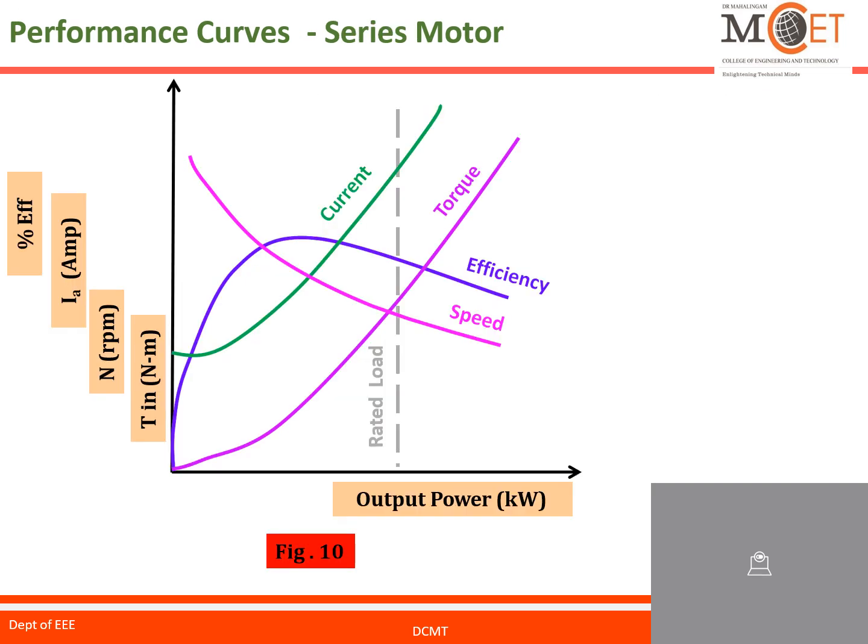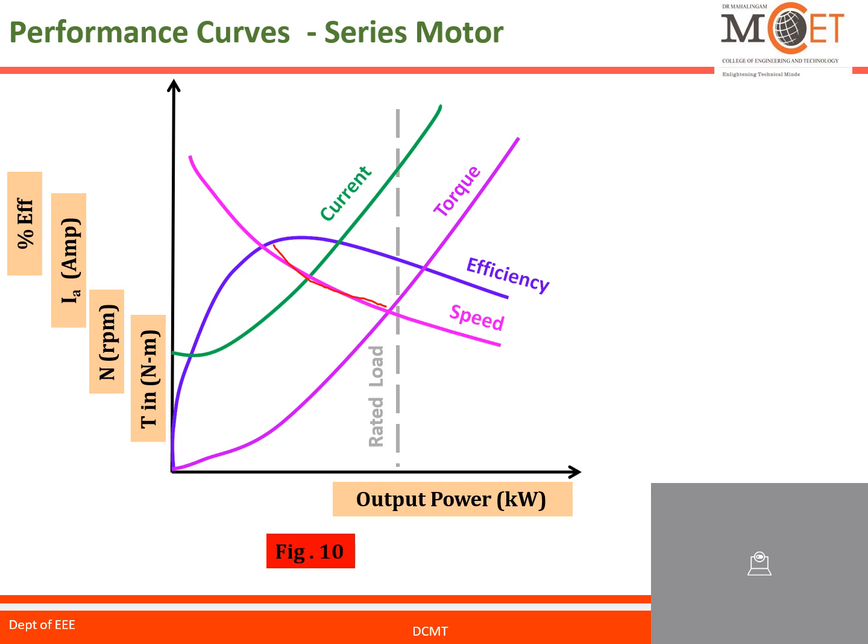Then the series motor performance curve. See that, it is the same as the previous one. Here, whenever the load increases, the speed automatically decreases. This reduces the back EMF, allowing the motor to draw additional current and develop a high starting torque. So it looks like a self-adjusting motor.